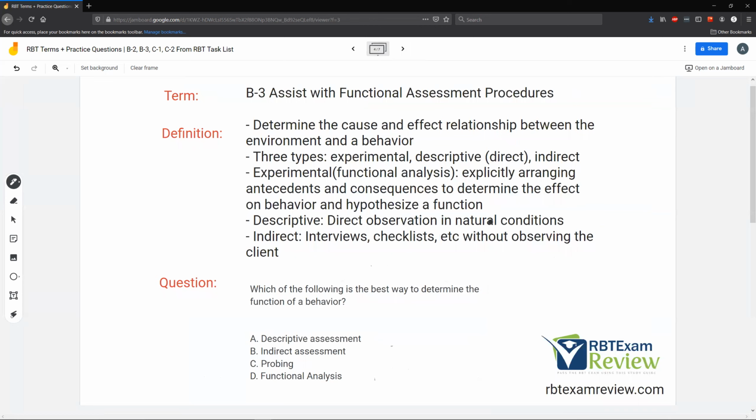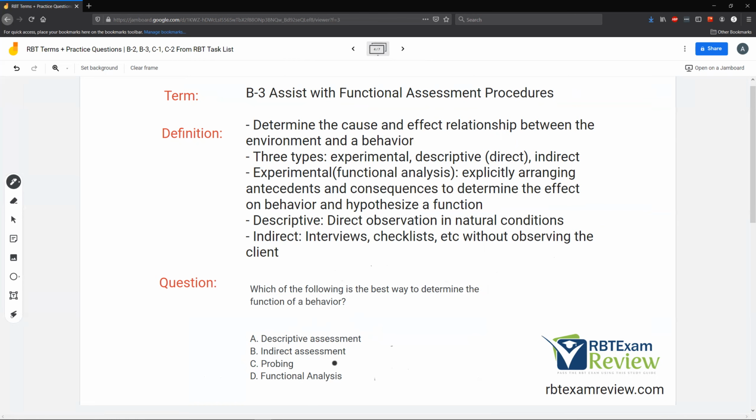More functional assessment procedures, right? So again, experimental is functional analysis. And which of the following is the best way to determine the function of a behavior? Is it our descriptive assessments? Is it our indirect assessments? Is it probing, or is it our functional analysis? Well, indirect assessments are the worst way to determine the function because we're not actually watching the client do anything.